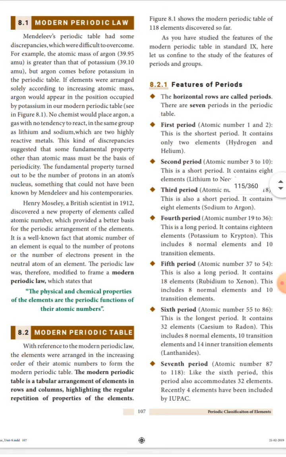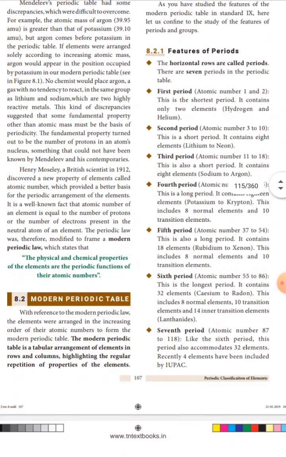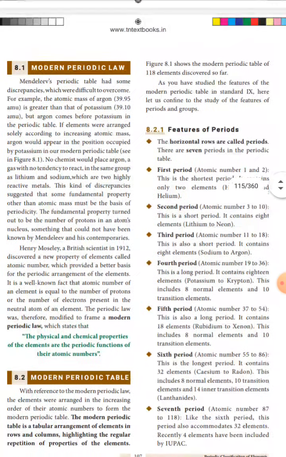This can also be defined in another form, that is, the total number of electrons revolving around the nucleus of an atom, because in a neutral atom, protons and electrons are always equal to one another. Then only an atom is going to be neutral.